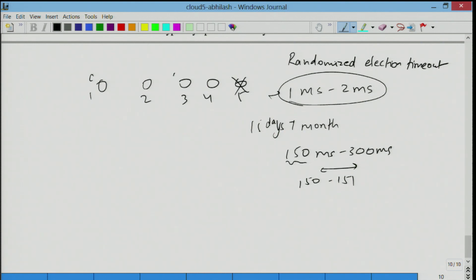1 got the vote from 2. 3 got the vote from 4. Now the first one's timeout was lesser, so it timed out faster. So 1 has to ask for votes from 2, 3, 4 again, because the timeout is gone. So 1 will increase the term. This voting happened for term 2.